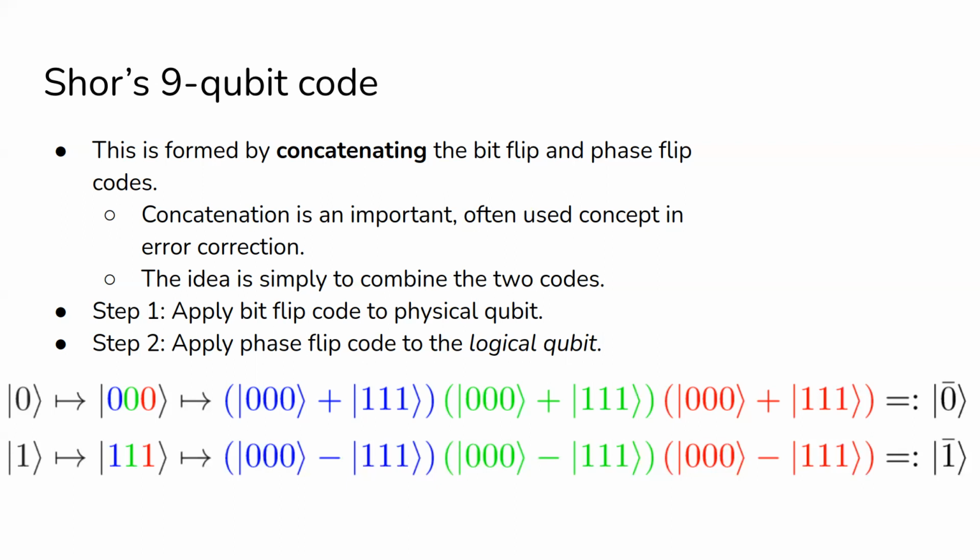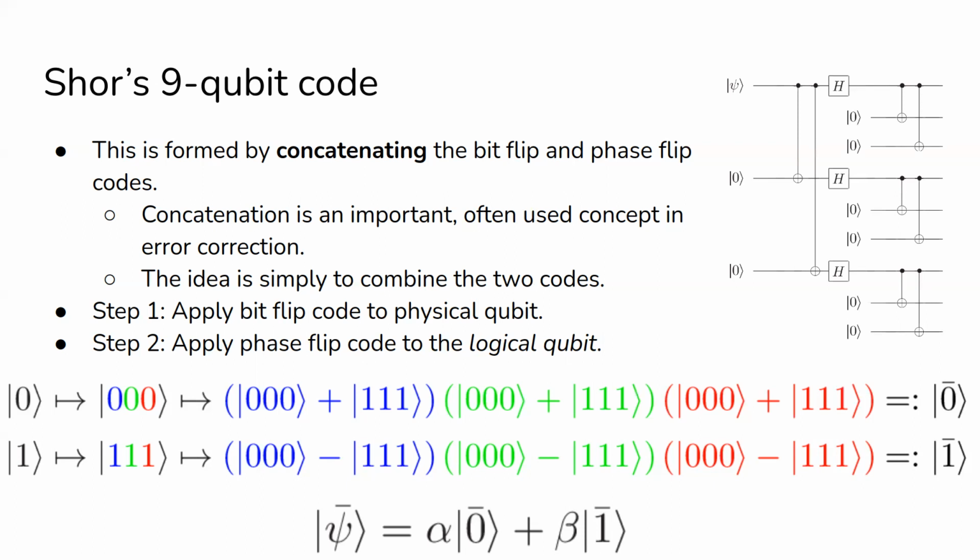And how do you do this in a circuit? Okay, so the logical state is this. More notation that you'll see if you're so inclined to look into error correction after this: the bars over the states mean logical. So that's what's meant here. And the circuit for doing this might look like the following.